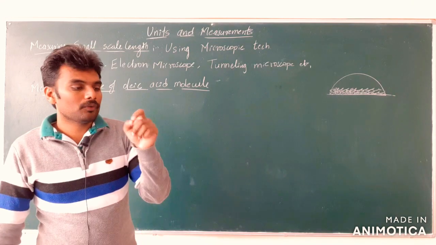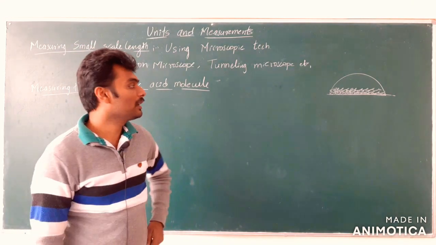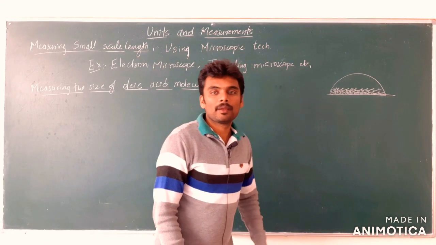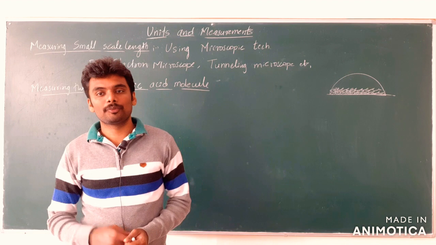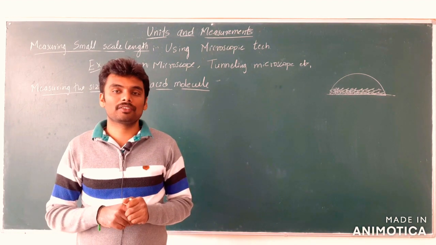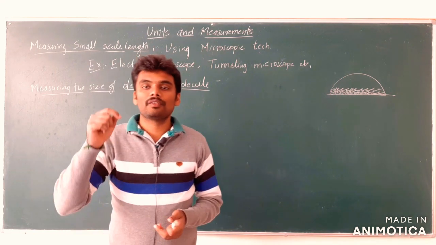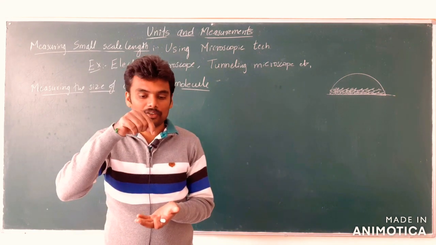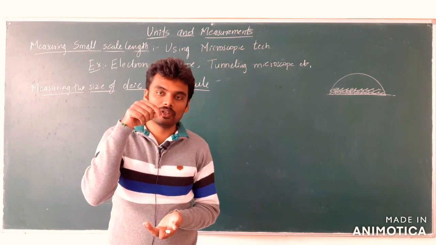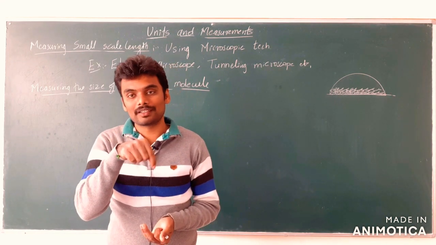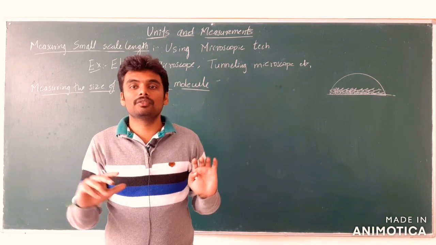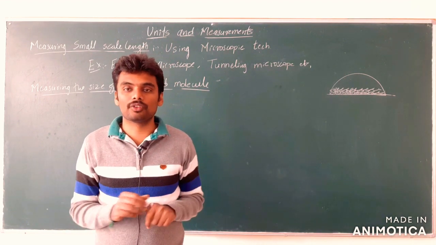So if we take water to measure the size of a molecule, that will not help because we don't know the number of layers that exist in a single drop. But the special property of oleic acid is that it can spread over a large area. If I take a very small single drop of oleic acid and put it onto the surface of water, it can spread across the area of the water chosen.